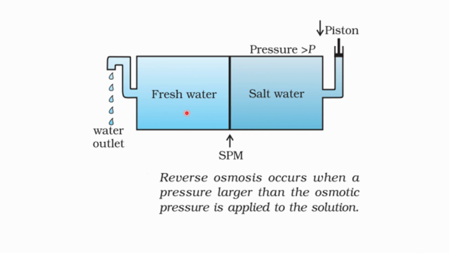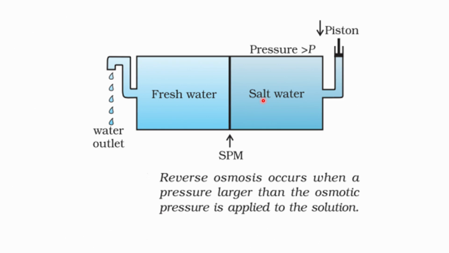In normal osmosis, salt water will remain on this side and fresh water on that side, and only that much will go through that is exerted by the osmotic pressure. Now, if I put additional pressure, then reverse osmosis occurs when a pressure larger than the osmotic pressure is applied. This will force the solvent out of the solution, not the solutes. So, fresh water I am collecting on this side, and what remains here is more of the salt water.